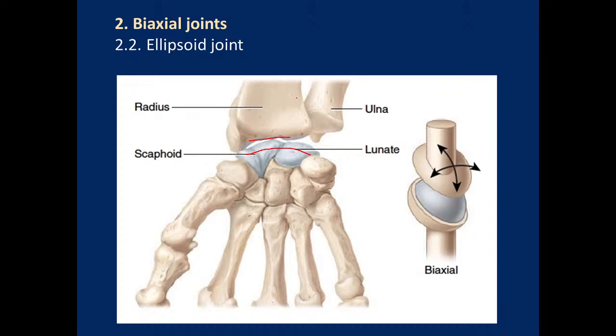In the radiocarpal joints there may be a frontal and a sagittal axis. Two axes allow movements like flexion, extension, adduction, abduction, and circumduction.